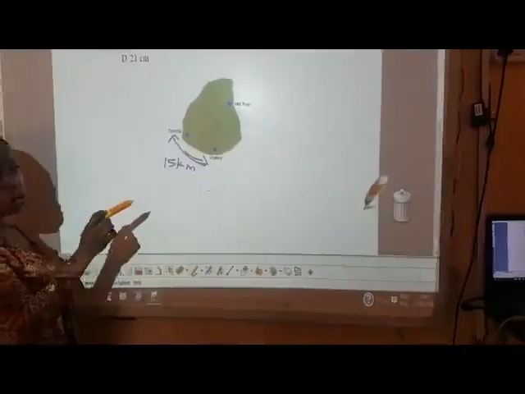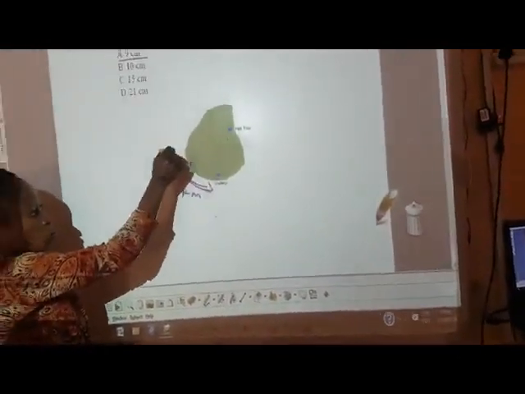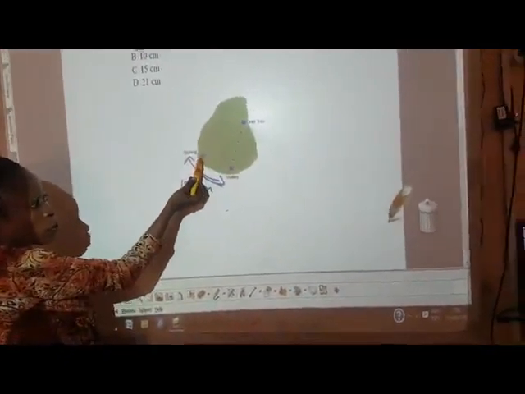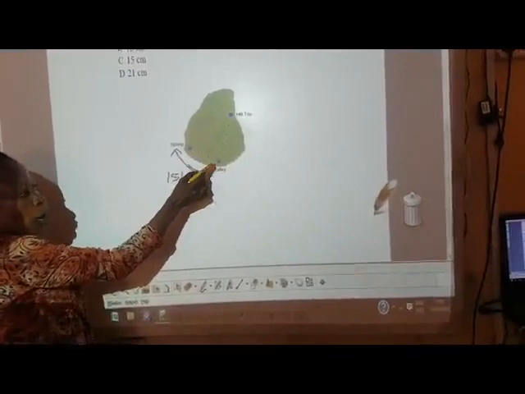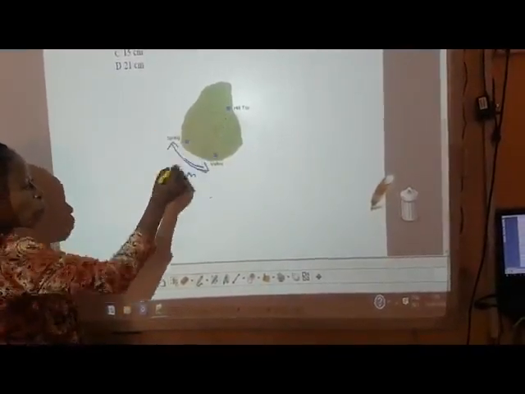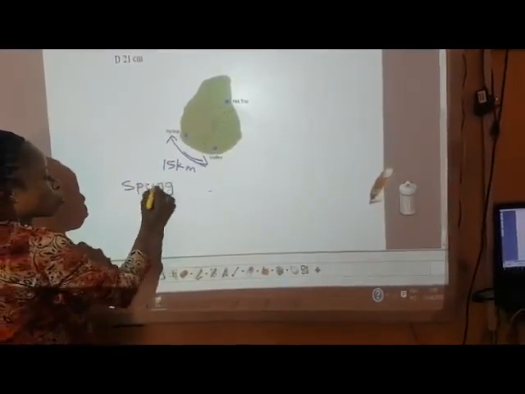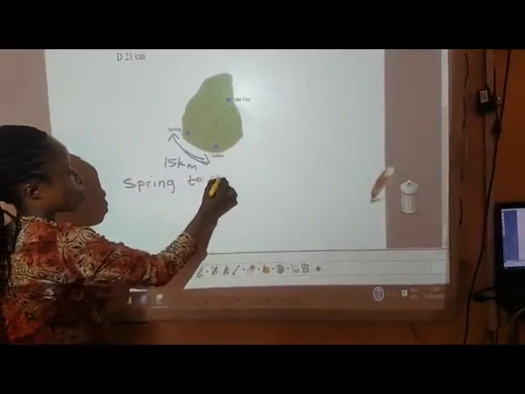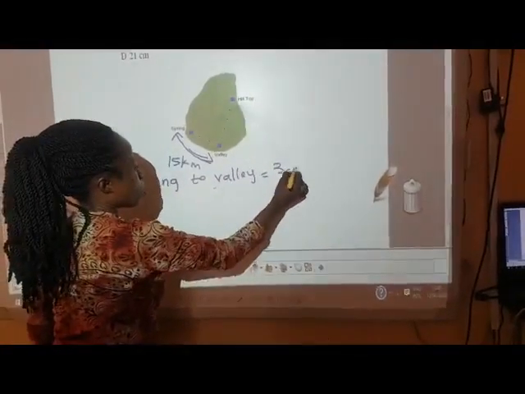What we'll do is count the marks between spring and valley. You don't start from the first mark, you start from the second. This is 1, this is 2, and this is 3. So you have 3 centimeters from spring to valley.